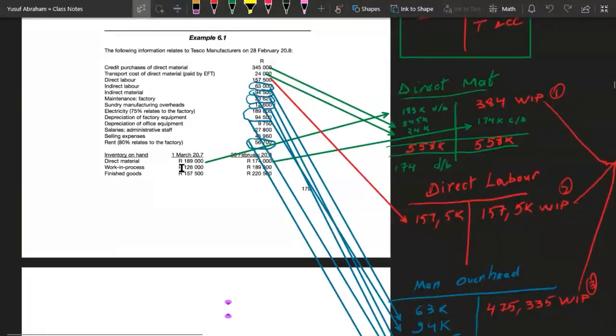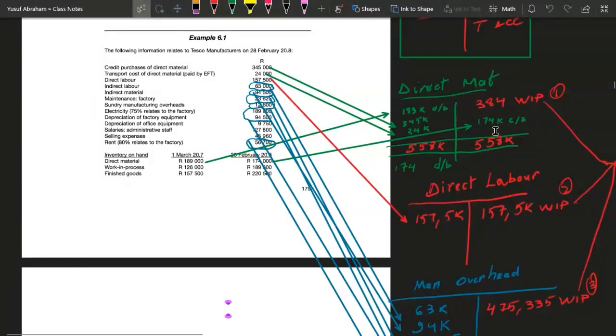Okay? But what was left at the end of 2008? It's 174,000. And that's why we don't take this into account. Do you see it here? 174,000 is going to be the closing balance. All right? That's how you can balance this account. Basically, you will take 174 minus the total of 558,000 will give you 384,000.